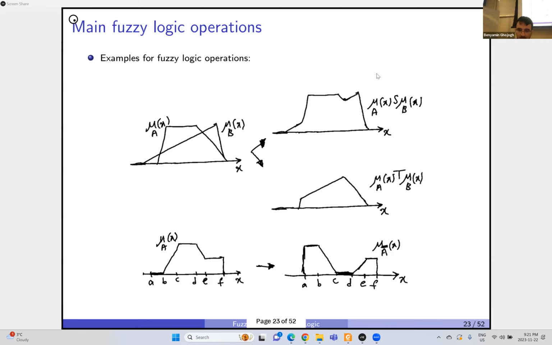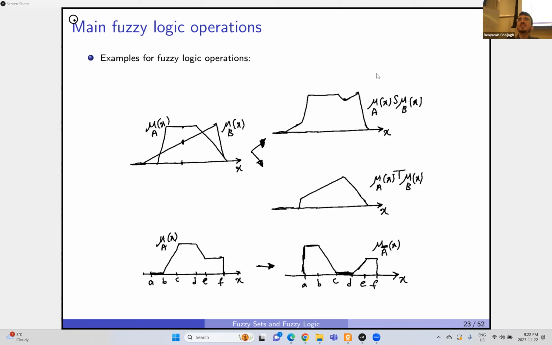Let me show you some examples, and this is the last slide of today. Let's see a visualization. We have mu A and mu B. For each value of X, I have one mu A and one mu B. I can do it for each value of X, or I can say for the whole membership function. Let's find the S norm, T norm, and complement.